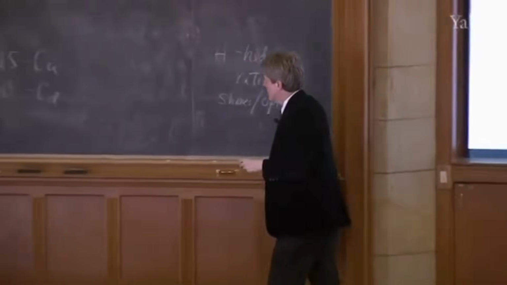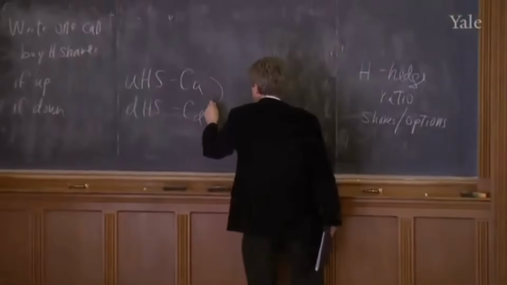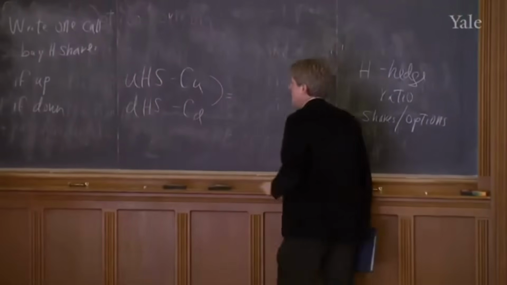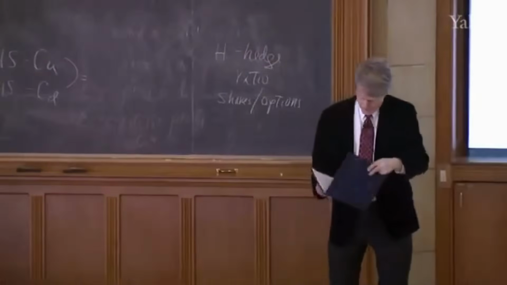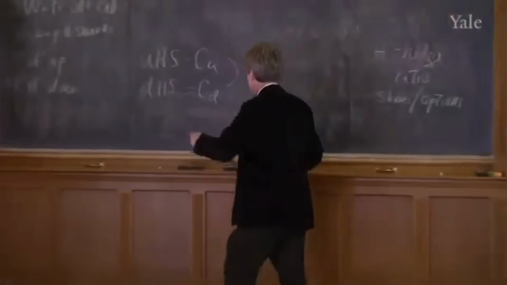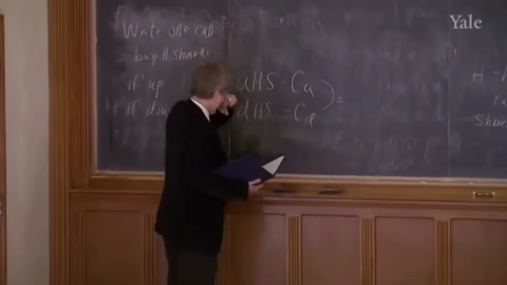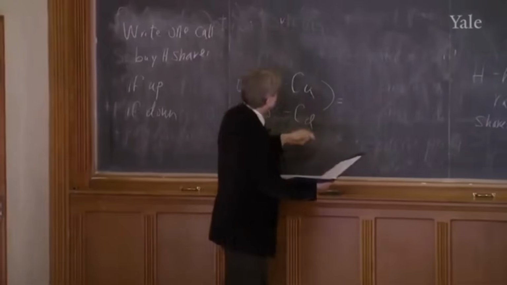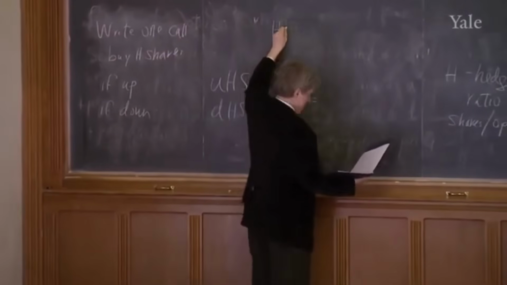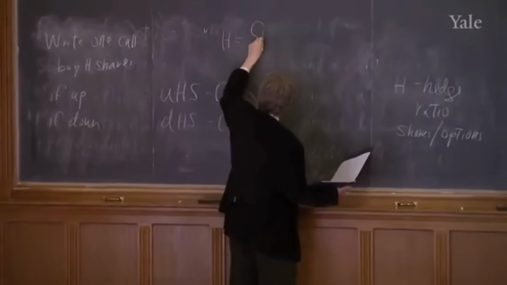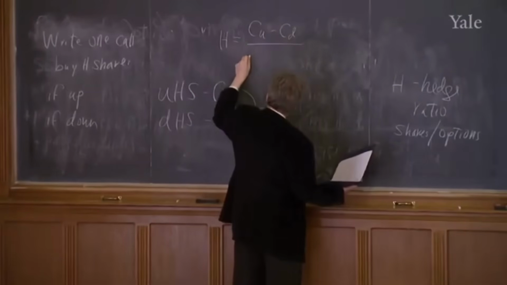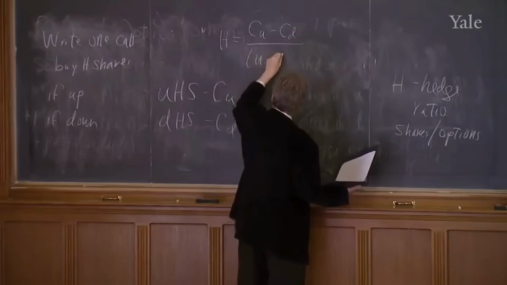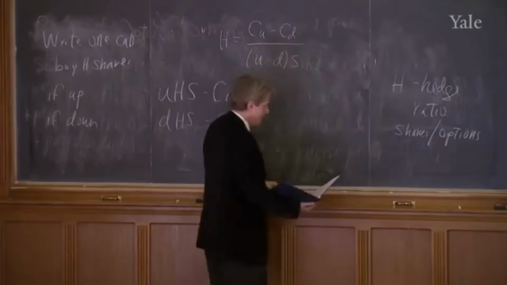All right? So set these equal to each other. And that implies something about H. We can derive what H is. If I just put these two equal to each other and solve for H, I get H equals C sub U minus C sub D all over (U minus D) S.